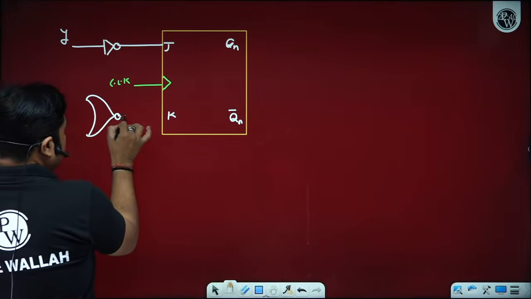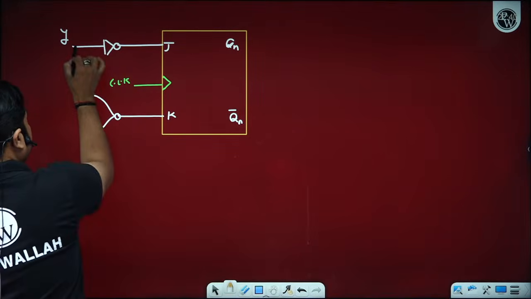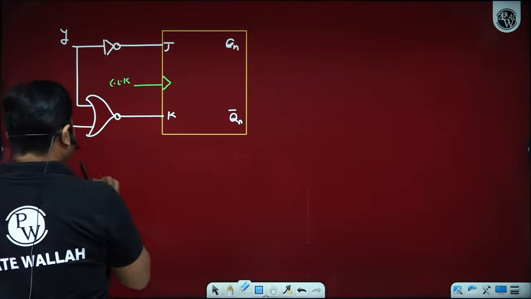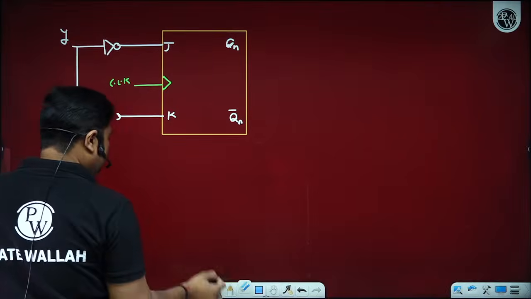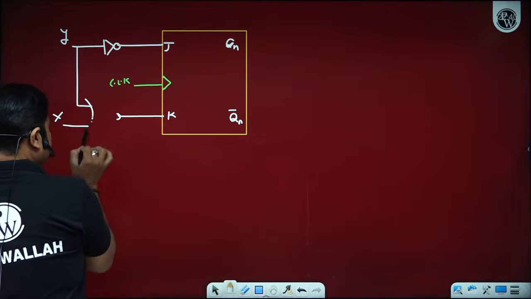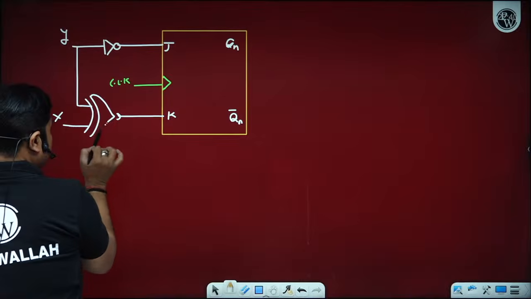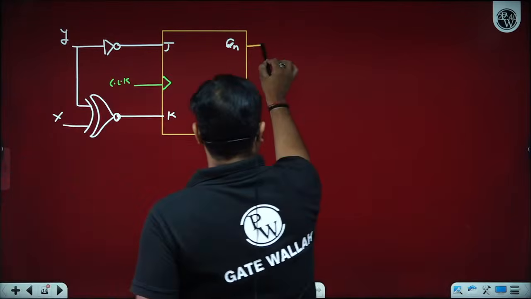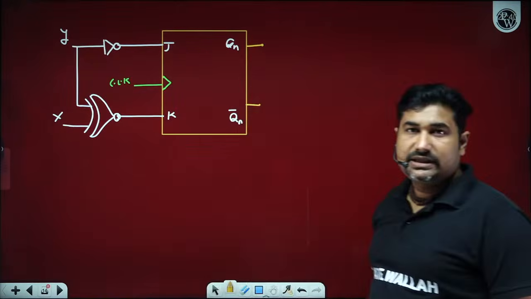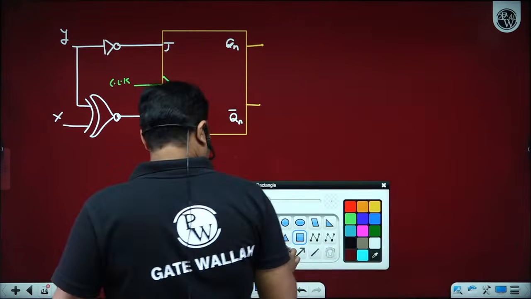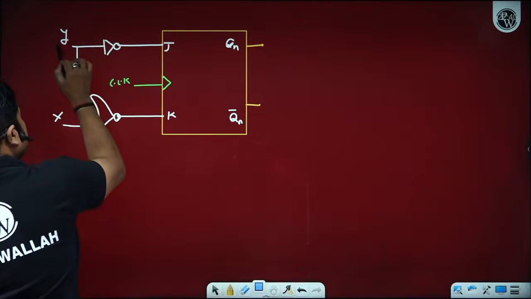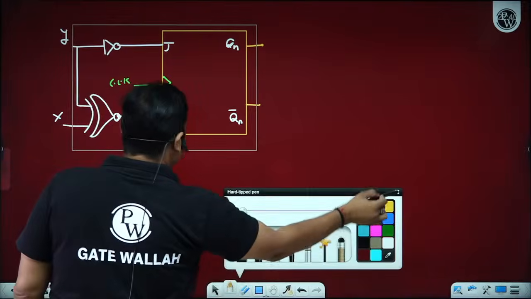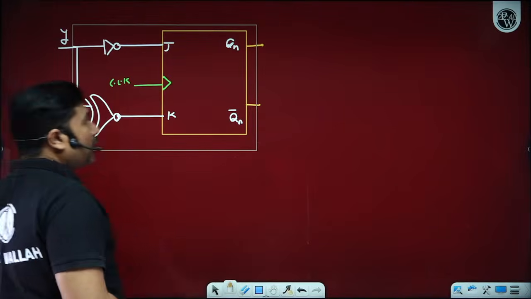Let me represent an XNOR, beta ji. X XNOR Y. So this is what we want to design. Basically, your desired logic gate is this. Just like T or D flip-flop, you have designed a new flip-flop called XY flip-flop.